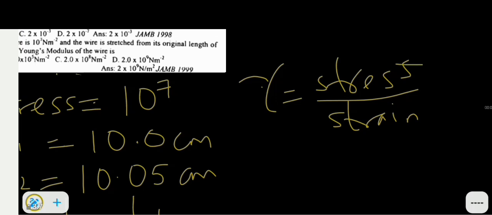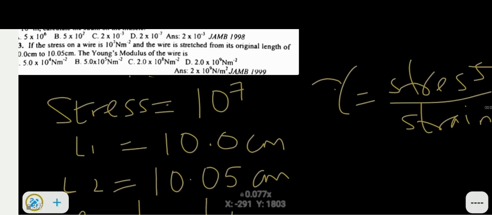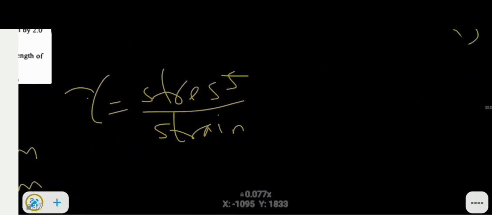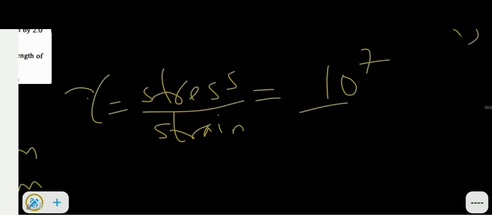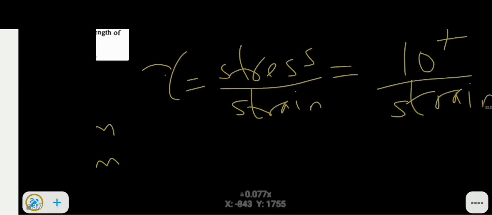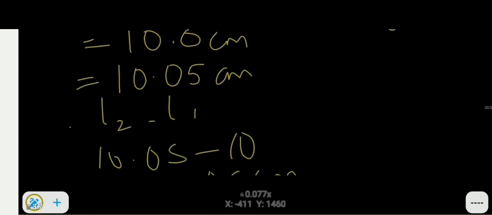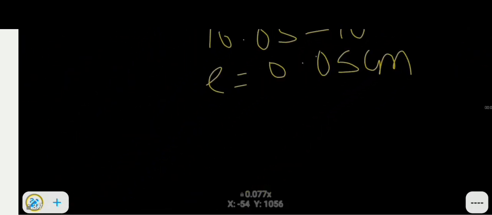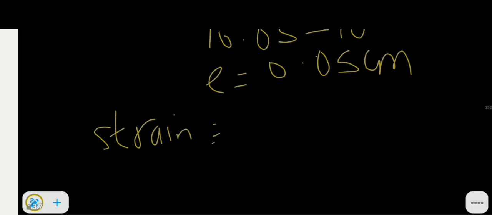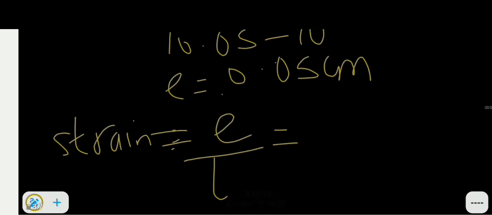So in this question, they've given you stress already. They're giving you the stress, which is 10 to the power 7. Okay, so this equation will just look like this. So you're going to have 10 to the power 7 divided by the strain. What is the strain? The strain is always extension over original length. That's the formula for strain. So strain is extension divided by the original length. The extension in this question, which we just found, is 0.05.